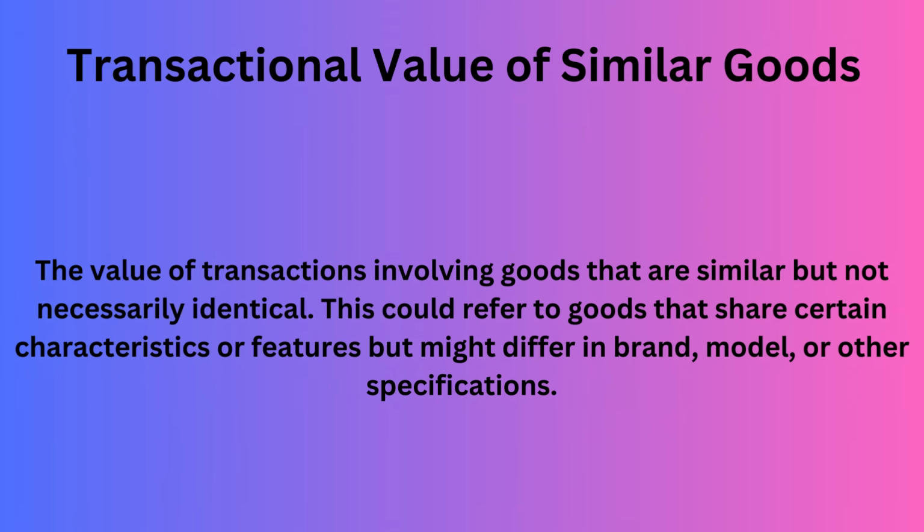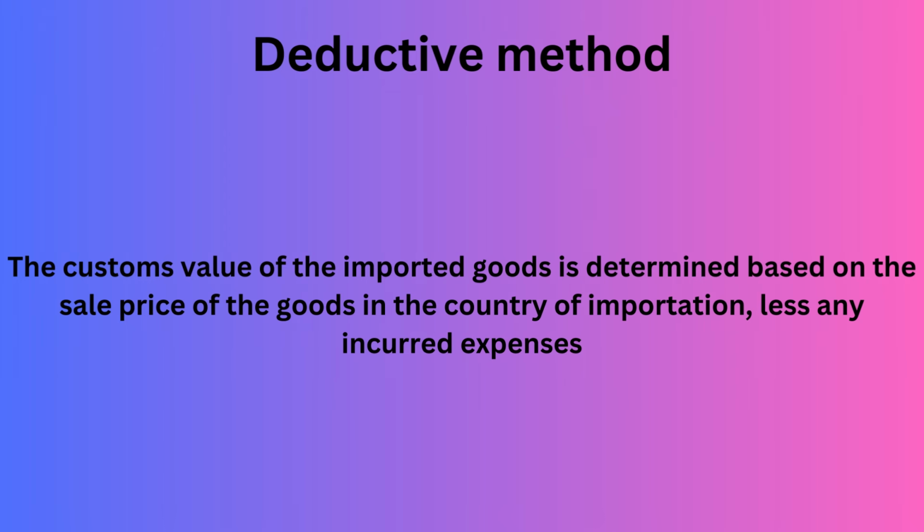Now the next one is the deductive method. In this deductive method, custom determines the price on the basis of the sale price of a similar product in that same importing country, and they deduct any expenses like transportation and insurance from that.